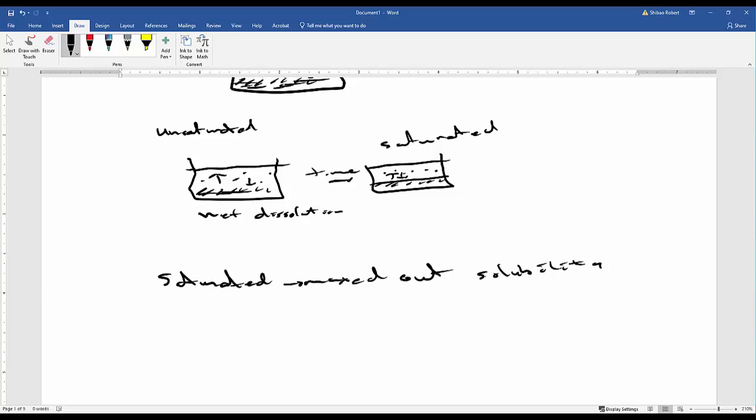Solubility has two ways that we define it. One way of defining solubility is qualitative.